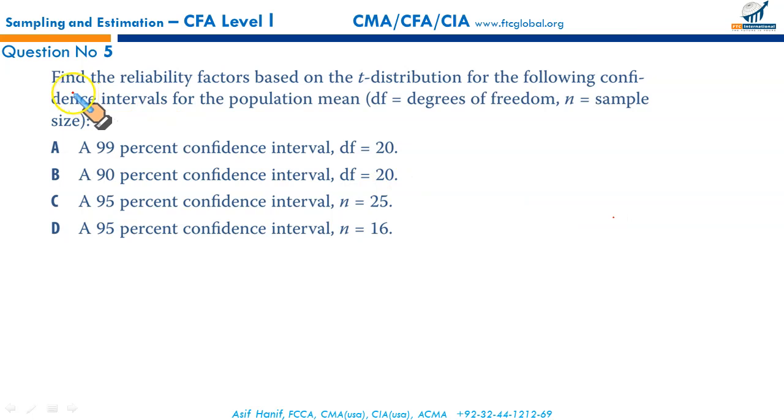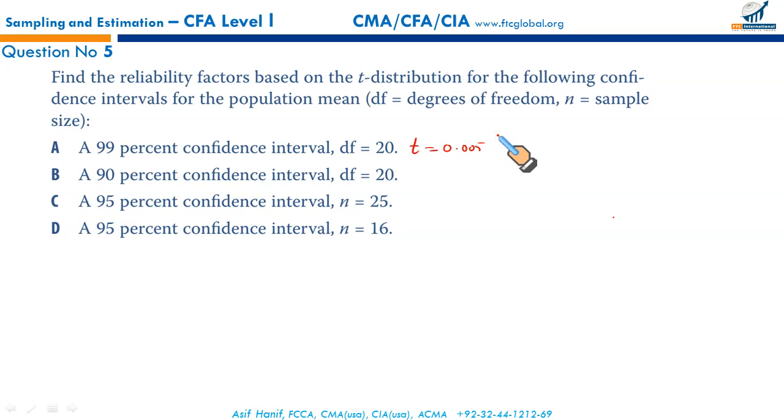Okay. Next, question number 5. Find the reliability factors based on the t distribution for the following confidence intervals for the population mean. DF stands for degree of freedom and N for sample size. For A, 99% confidence interval and degree of freedom 20. So remember, for a 99% confidence interval, the tail probability we use is 0.005.